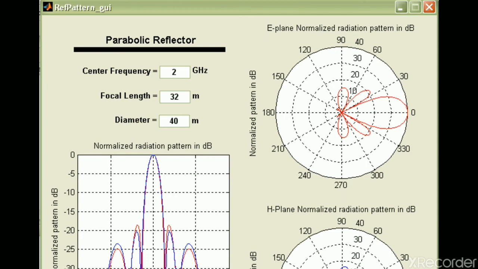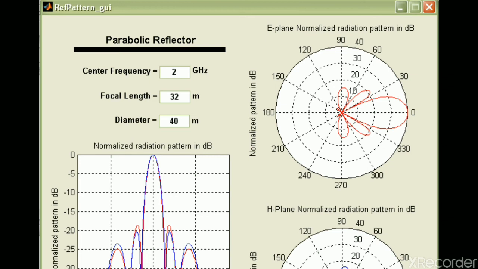The focal length is the distance between the focal point and the vertex of the reflector antenna or parabolic reflector. If you saw the basic geometry of the parabolic reflectors, you will understand what the focal length and the diameter are. The diameter, which is normally shown by capital D, is 40 meters.